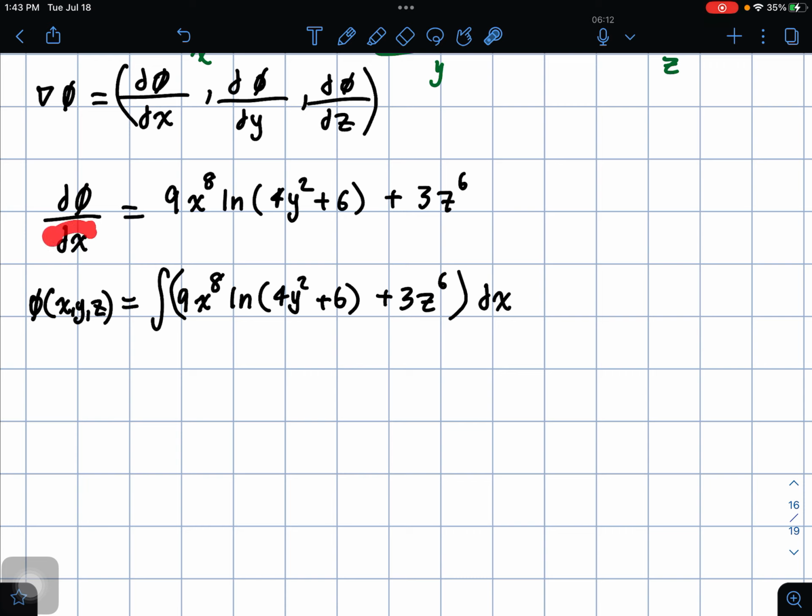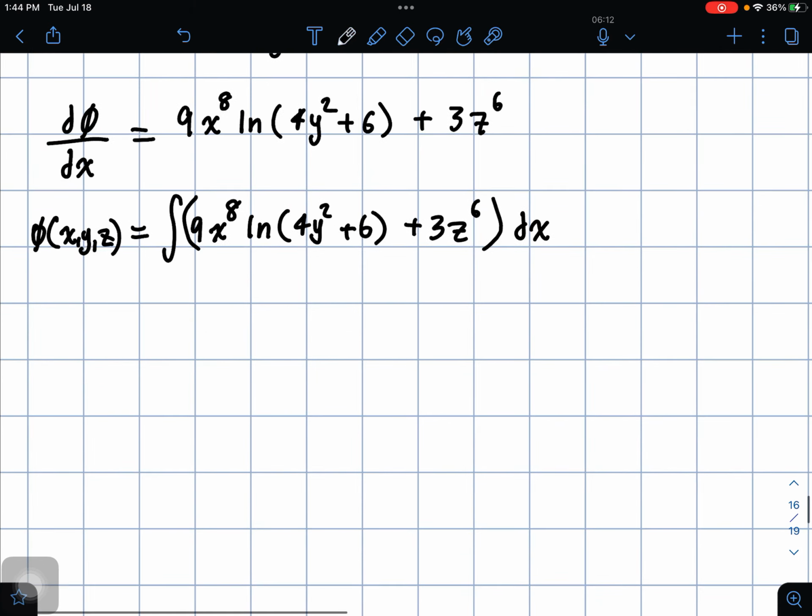I don't think you can think of derivatives as multiplying, but I just take this and multiply it here, and then we have the derivative of this. In order to get just this, you just integrate, and that's why it becomes this. That's just how I think about it.